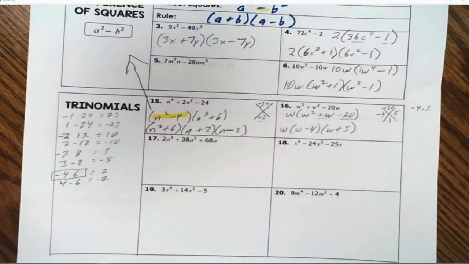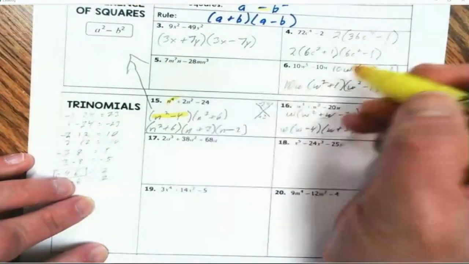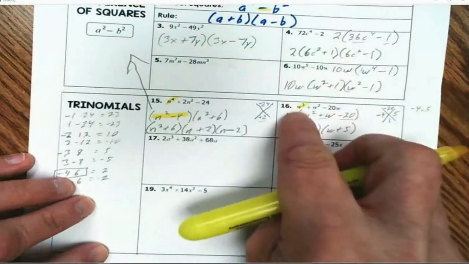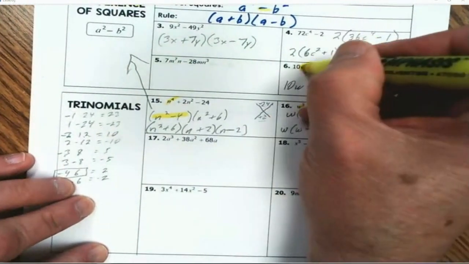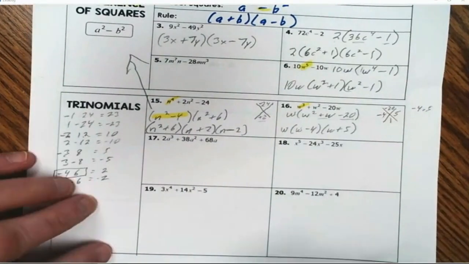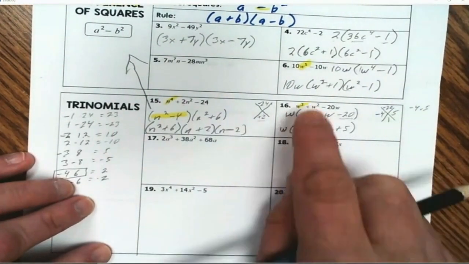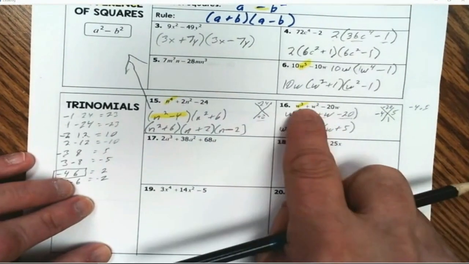Now notice when we factor it, since this was an n to the fourth power, this was a w to the third power, the largest exponent. This is a w to the fifth power. You should have that many of that exponent in your answer. W to the third power: a w, a w, a w. We should have 3 w's.